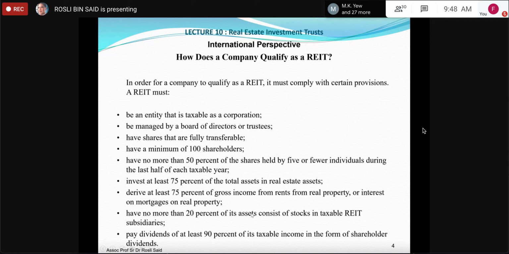Which one? The last three. Derive at least 75% of gross income. That one. The first part I understand, but the second part, or interest on mortgage on real property, this part I don't understand. I still cannot find which one. Page 4, is it? The page where we are now?